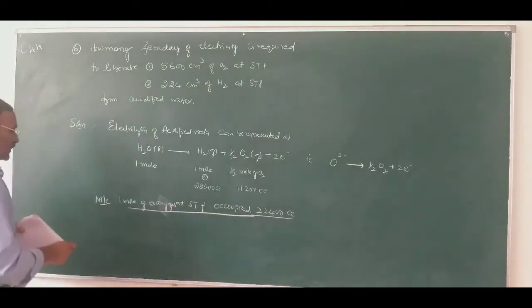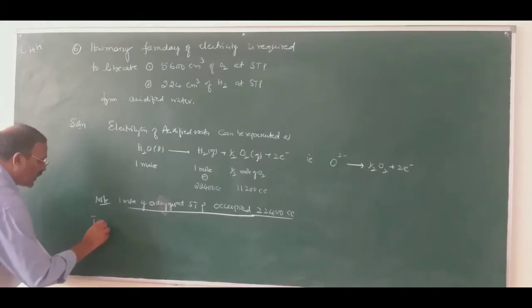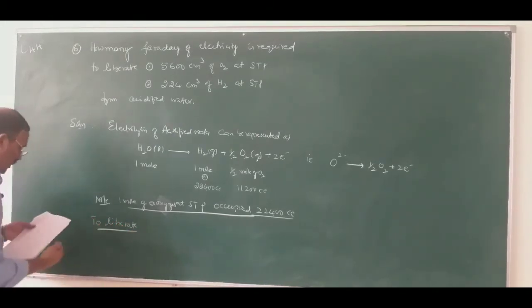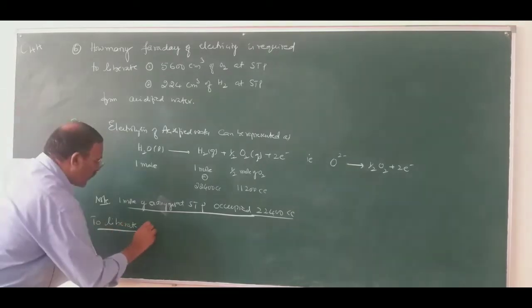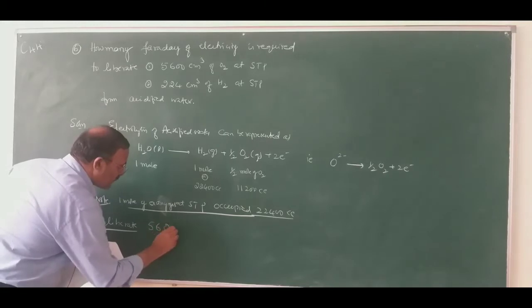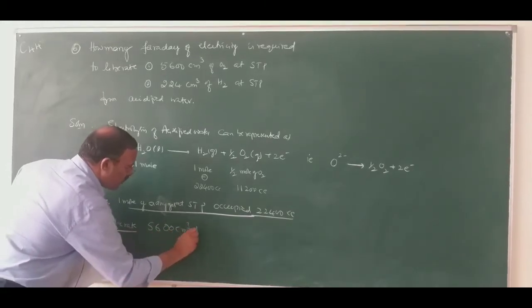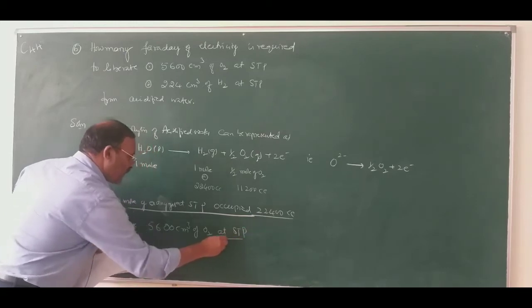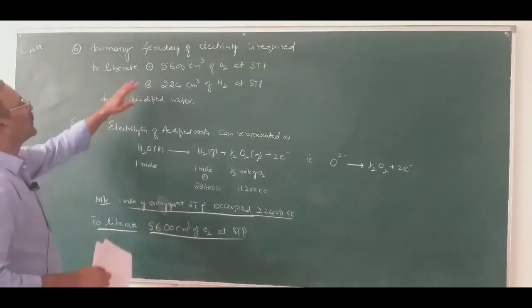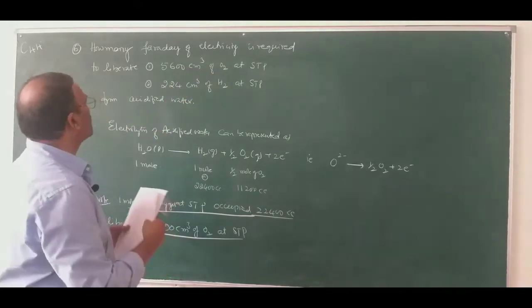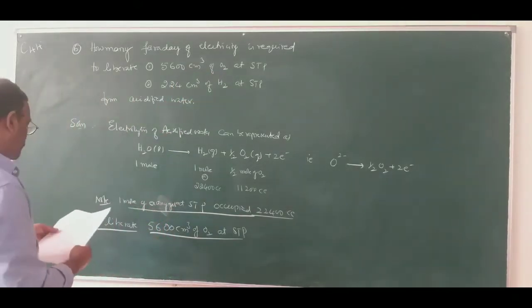Now, to liberate 5,600 cm cube of oxygen at STP, what is the current required?